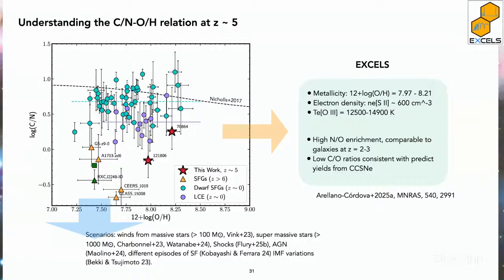Carbon overall is still consistent with the local universe and produced by core-collapse supernovae. Okay, so there are different scenarios for these high-redshift galaxies: massive stars, very massive stars, supermassive stars, and variations in the IMF and everything. So these are our scenarios here.